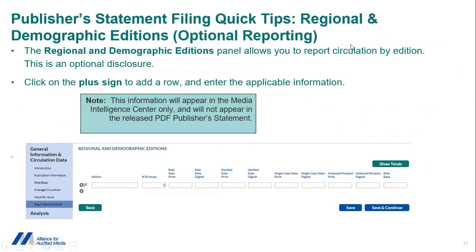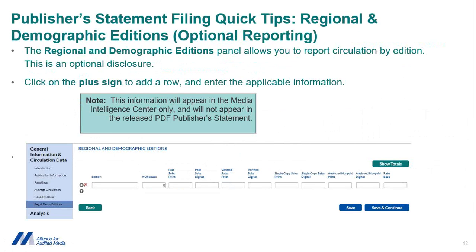The next section is if you had a regional or demographic edition of your publication. This is an optional section for you to fill out. I do want to let you know that for the publisher statement, when it is released, you will see a PDF document. However, there are certain sections that you fill out in the filing tool that are not going to be in the PDF document. That doesn't mean that they are not available.